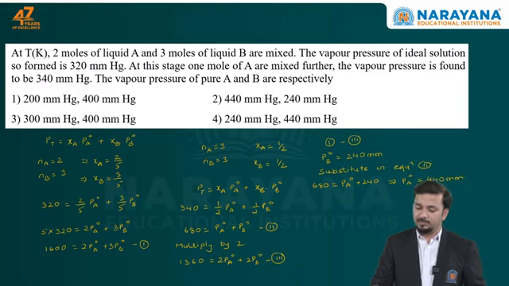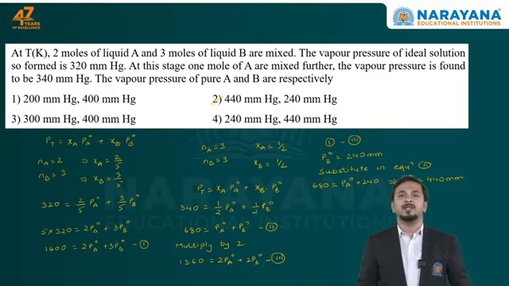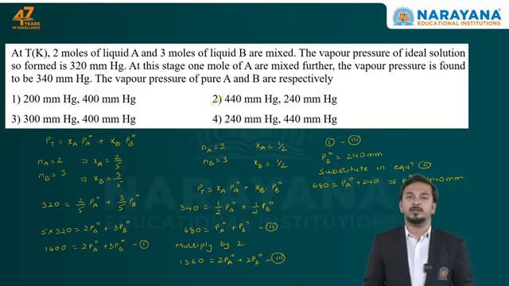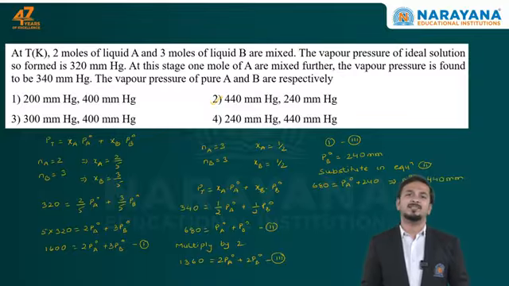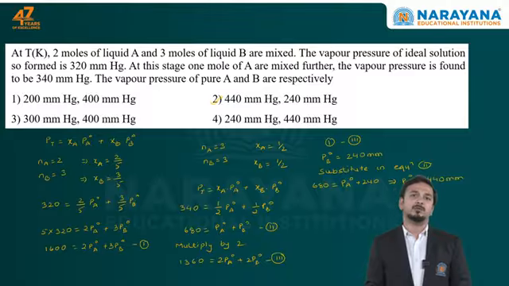So the correct answer for this question is option 2. Again, this involves a lot of calculation, but as they have asked this before, you have an idea about this question, so I will rate it as an easy to moderate question. Mostly moderate because it involves calculation, but I am calling it easy also because you have seen this type of question before in the examination.